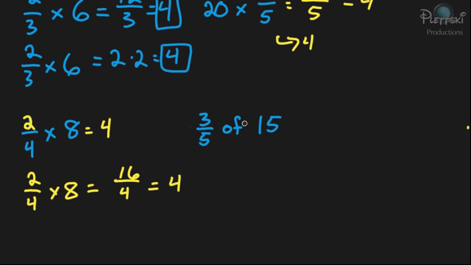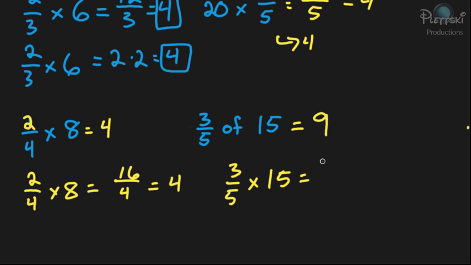Okay, one more example. 3/5 of 15. Well, let's do the division first. Let's do 15 divided by 5, which is 3, and then multiply by the numerator, 3. So 3 times 3 is 9. Okay, and then let's show the other way. 3/5 of 15, or we can write 3/5 times 15.